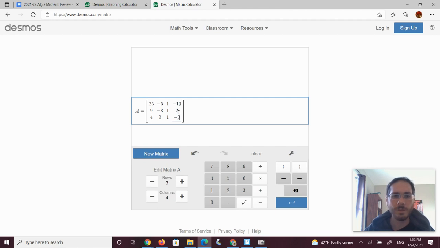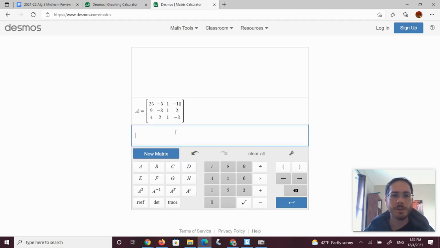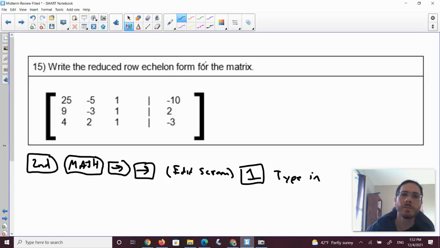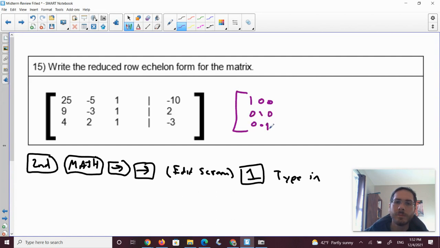2 and -3. All right, so then down here, I hit the enter button, so you can hit the enter button to get down here. We want to do the RREF, and we're going to pick matrix A, and then we got our answer. -1, -2, and then 5.